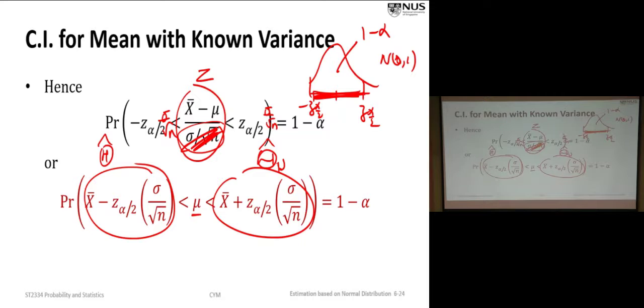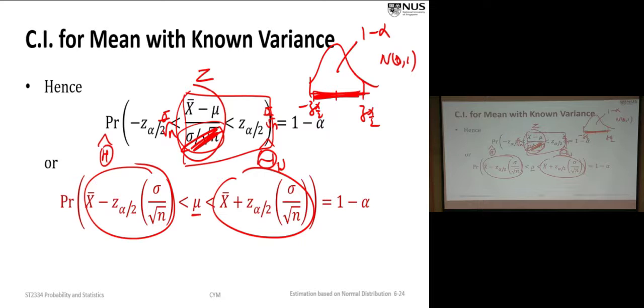The first inequality is X bar minus mu over sigma over root n greater than minus z alpha over 2. So you have to rearrange it so that mu is on one side of the inequality and the rest on the other side. The other inequality is this part. Again, rearrange it so that mu is on one side of the inequality. Mu, not minus mu, mu.